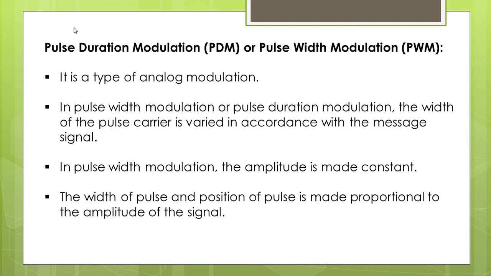The sine wave varies in its amplitude from 0 to maximum, maximum to 0, again 0 to a negative value and negative to 0. Based on these amplitude variations in the message signal, the width of the carrier pulse also goes on varying. This is the principle of operation in pulse width modulation or pulse duration modulation.